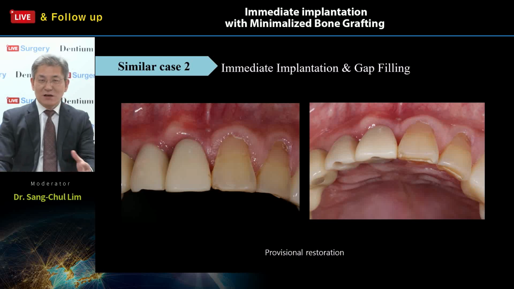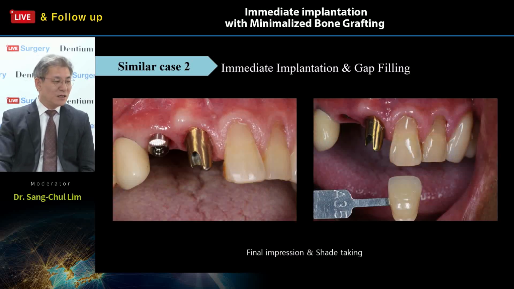So enough time period for evaluating the aesthetic areas using this provisional restoration. For me, actually, sometimes 2 months, 3 months, even 4 months, enough time is necessary for maintaining and evaluating this aesthetic area.